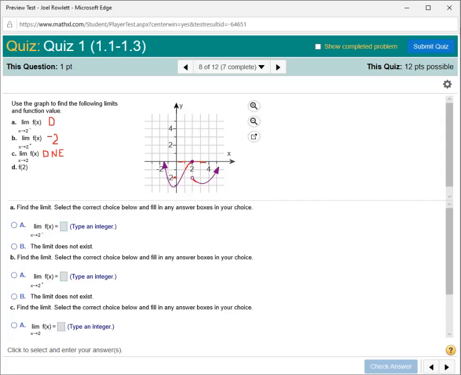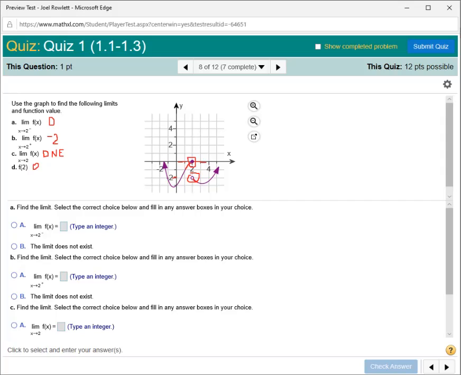And finally, on part D, they want to know what is f of 2. In other words, if x is 2, what is the y value? Well, notice that this dot here is not filled in, so we can't use that. x is equal to 2 on this dot here because this one is filled in, and notice that the y value there is 0.